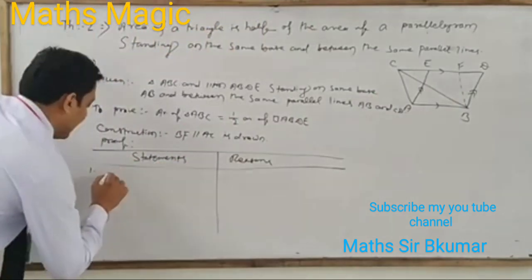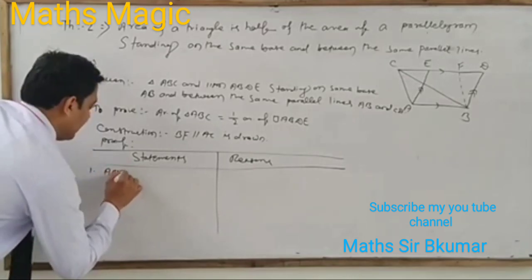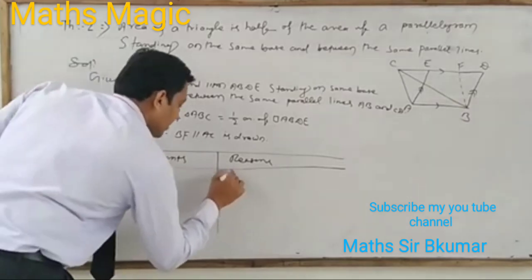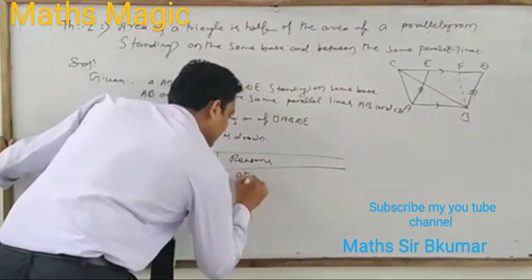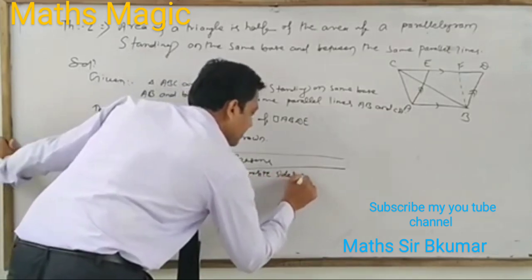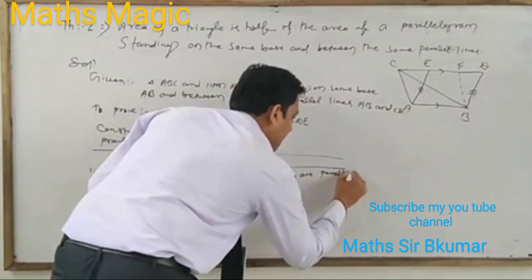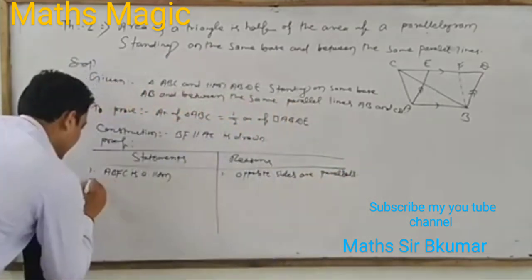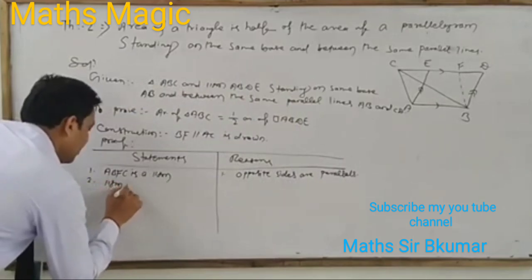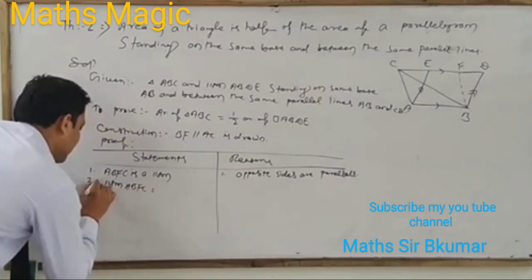So first of all, we can add there: ABFC is a parallelogram, because opposite sides are parallel, in number two.